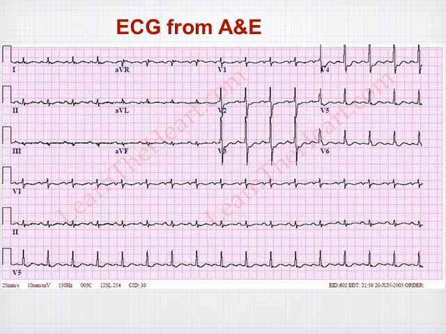So this happened in our OSCEs as well, so we would be given an ECG and asked, what do you think about this? This is the closest one I could find to her actual ECG that isn't hers, from A&E. And what do you guys think? Does someone want to run quickly through what they think of this? Sorry? It's a little bit quick, yeah, and they are in sinus rhythm.